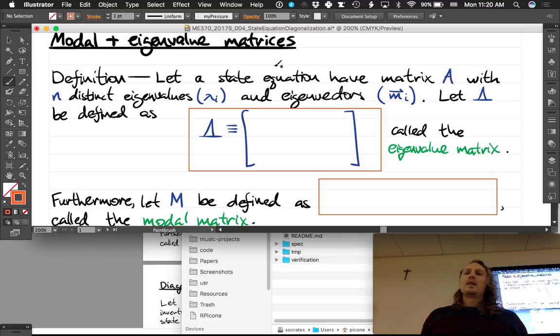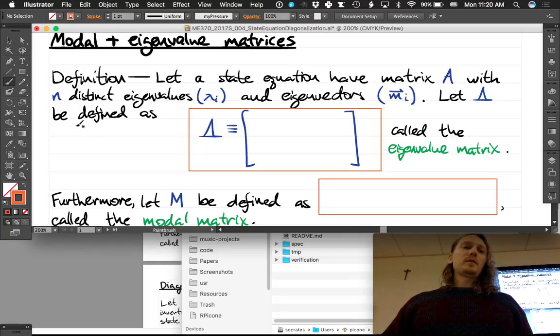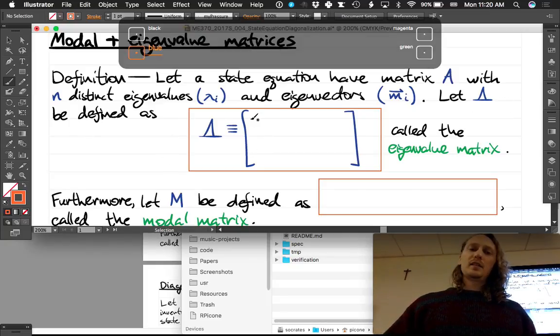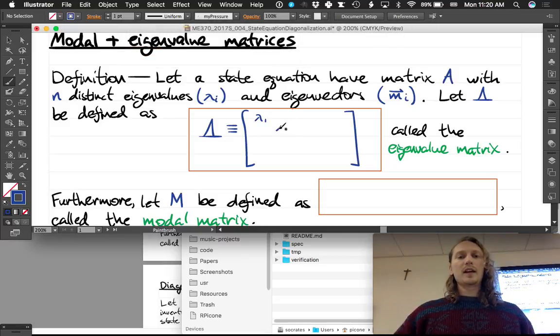Let capital lambda, big lambda, be defined as a matrix that's going to have the eigenvalues along its diagonal, all the way down to lambda n, and everything else is a 0.